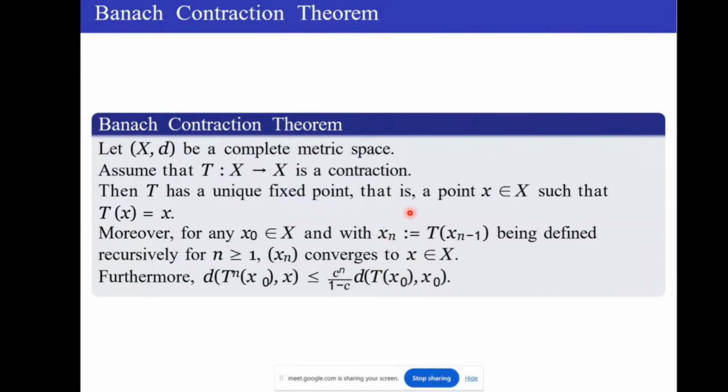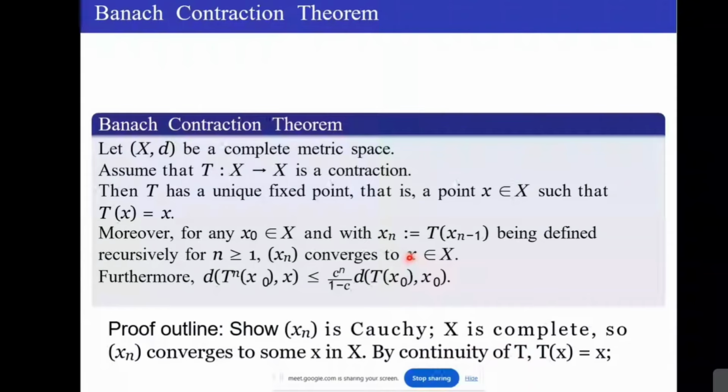We want to prove that T(x) is equal to x, that is, that the limit is the fixed point. That will follow from the continuity of T. We know that T is a contraction, and we already proved that T is uniformly continuous, and hence continuous. So from the continuity of T, we get that x is a fixed point. That is the proof outline, and the uniqueness also follows from a similar computation.